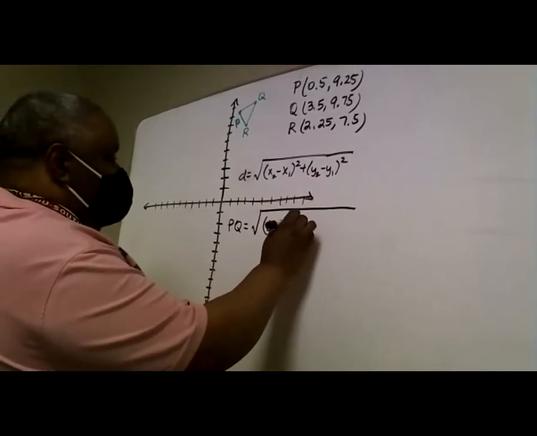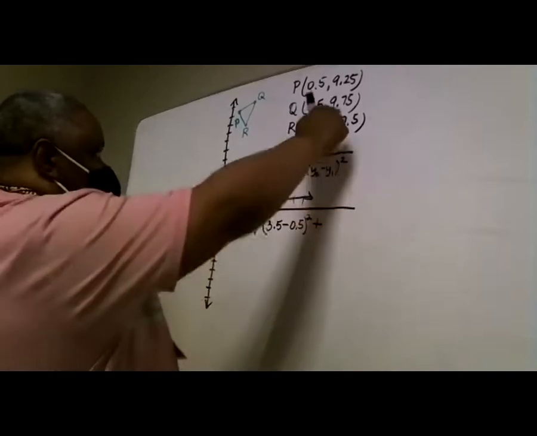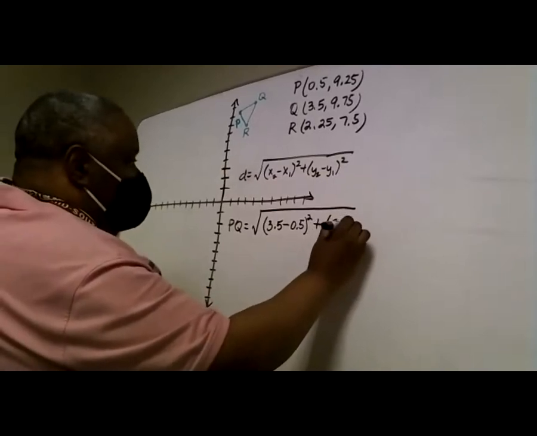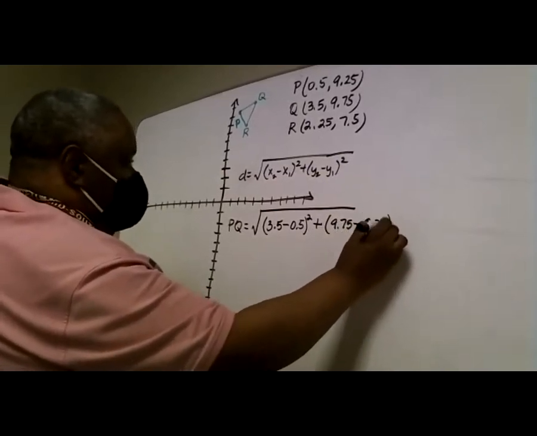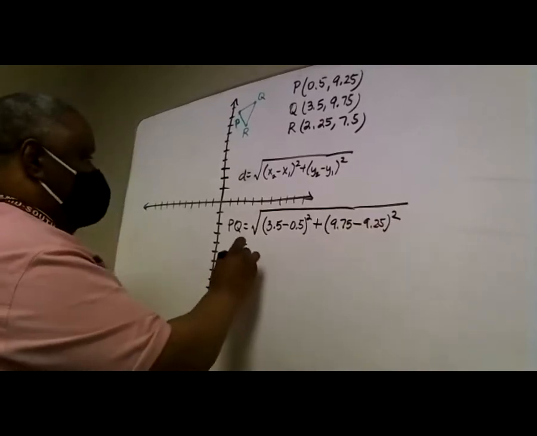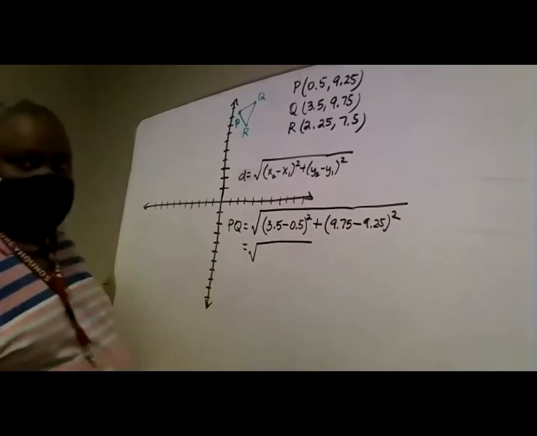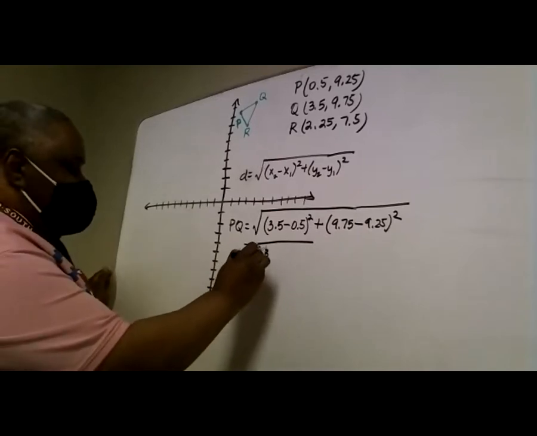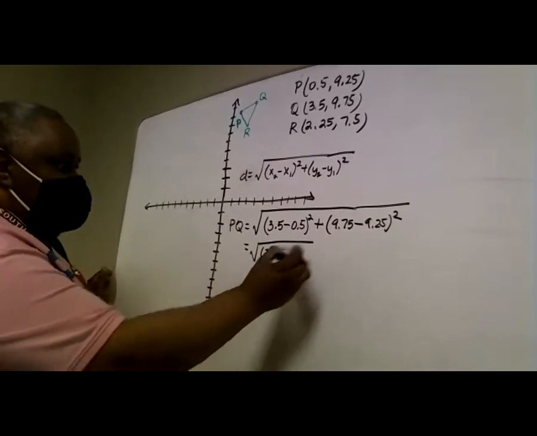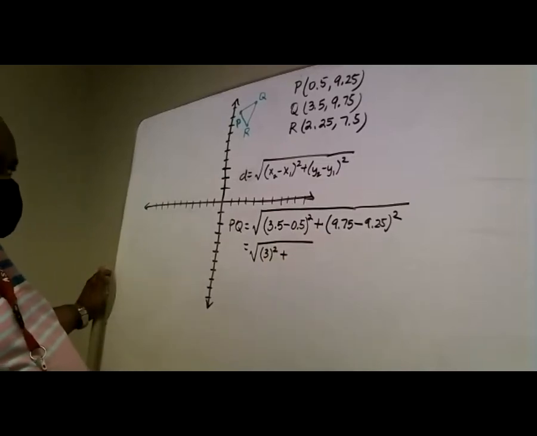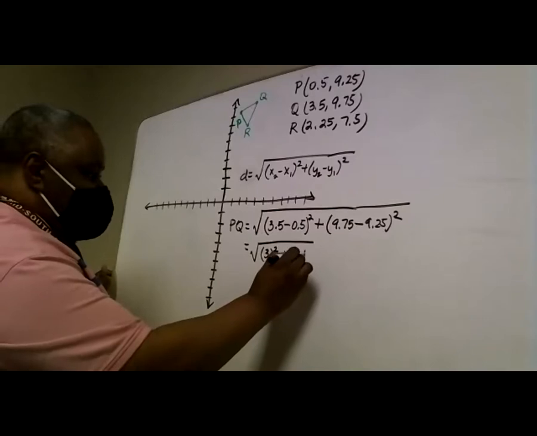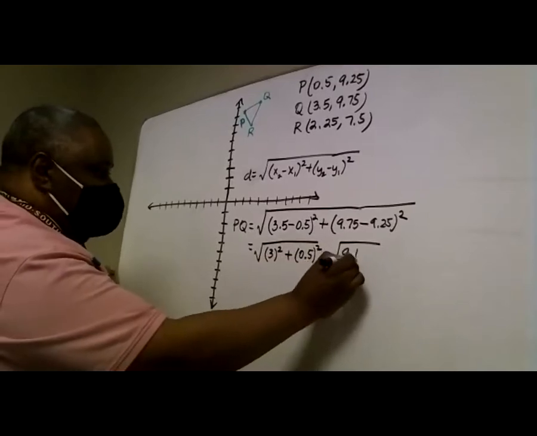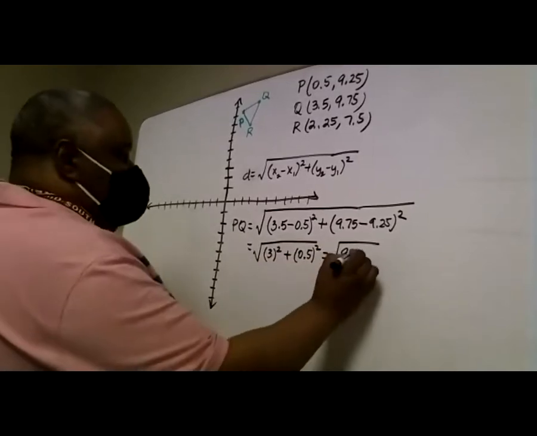3.5 minus 0.5, and that's squared, plus y2 minus y1, 9.75 minus 9.25, and that's squared. So here, 3.5 minus 0.5 would be 3, that's squared, plus 9.75 minus 9.25 would be 0.5, and that's squared. 3 squared is 9. 0.5 squared would be 0.25.